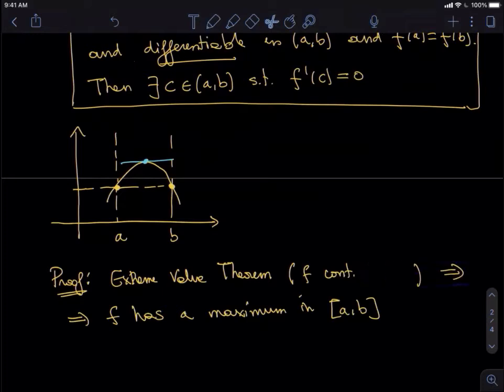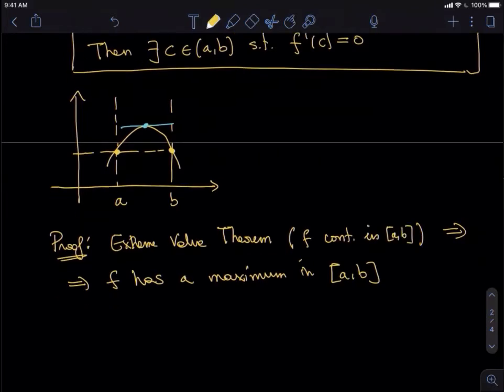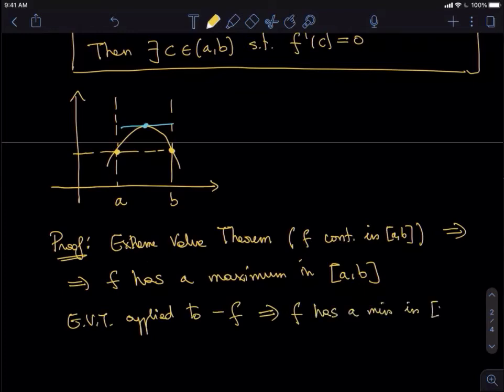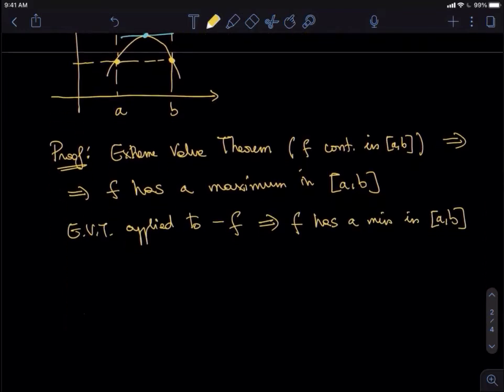So let me actually emphasize that f is continuous in the closed interval. But then we can apply the extreme value theorem to negative f, and then get that f has a minimum in [a, b]. So it has to have both a maximum and a minimum.